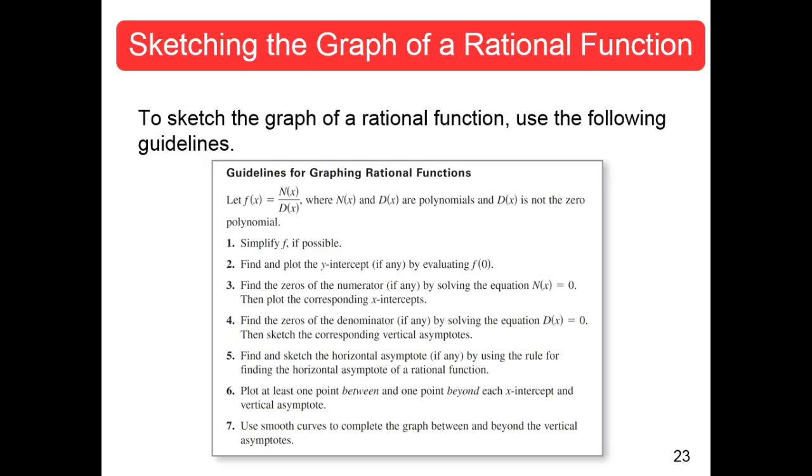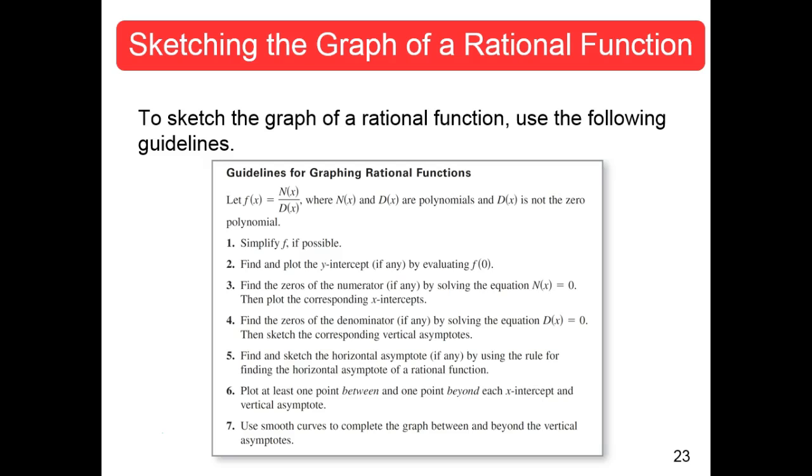Let f of x be your rational function, a ratio of two polynomials, where n of x is a polynomial in the numerator and d of x is a polynomial in the denominator. d of x can't be the zero polynomial. If it is, you don't have a rational function; you have undefined.